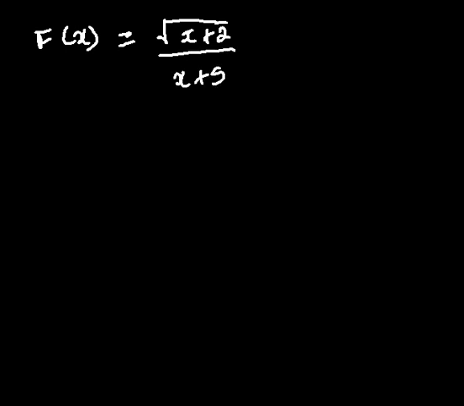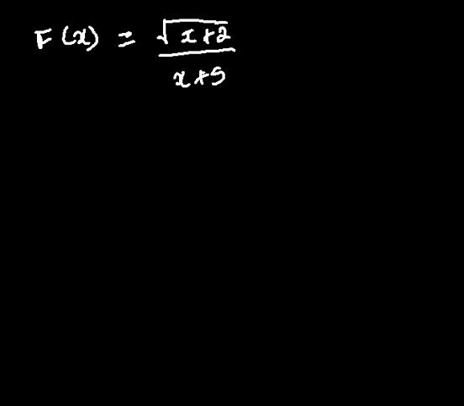Now, how about if we have this case, f of x equal to the square root of x plus 2, divided by x plus 5? Let's say we have a square root on top, and down here we have just this.